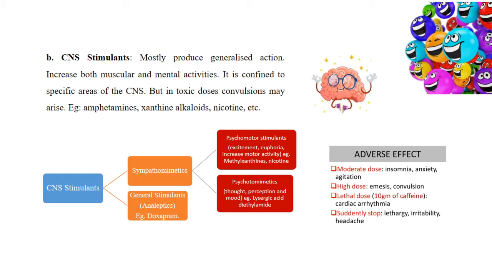First one is sympathomimetics and second one is general stimulants. In the first one, sympathomimetics, again it is divided into two: psychomotor stimulants, and second one is psychotomimetics. Okay, first one is psychomotor stimulants, that is, our motor activity will be stimulated.